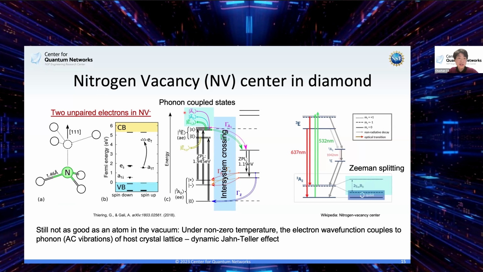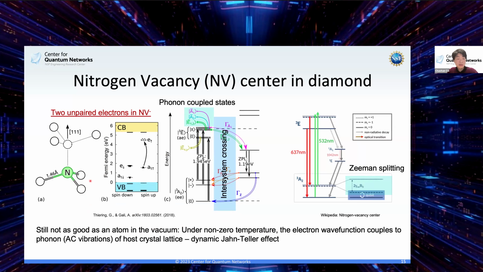Those little tiny lines, you see those tiny gaps forming a group of different discrete energy levels, are caused by phonon coupled states. Even though I said it's like an atom trapped inside a solid state, it's still not as good as an atom in the vacuum, because if you have temperature, the electron wave function actually couples to the phonons created by the vibrations of the lattice.